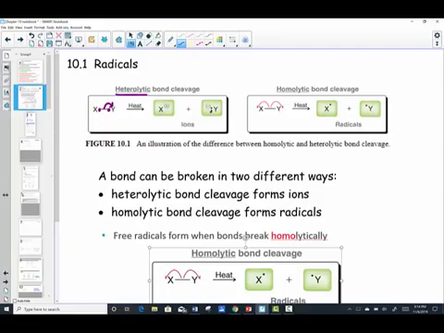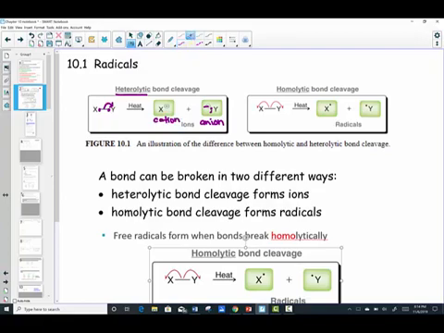Both electrons ended up on element Y. With the gain of an electron, it carries a negative charge, and we know that to be an anion, a negative ion. Element X, involved in this single bond, has no electrons, and therefore is known as a cation, a positive ion.